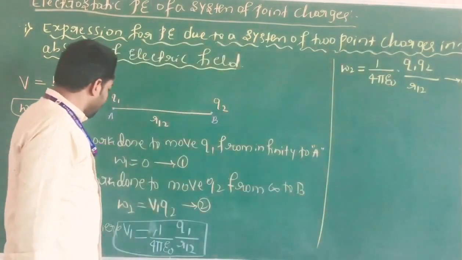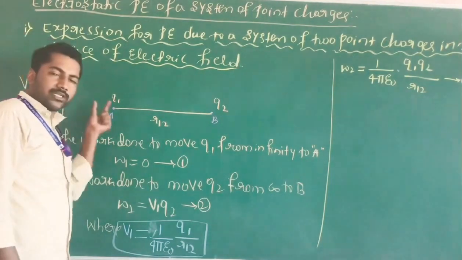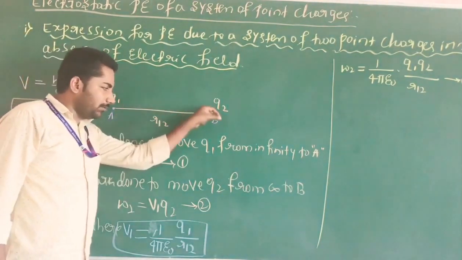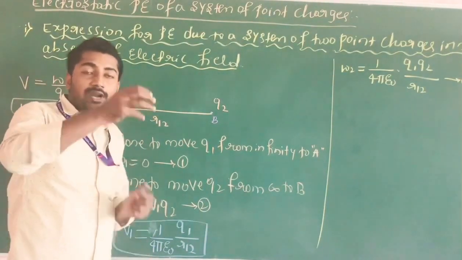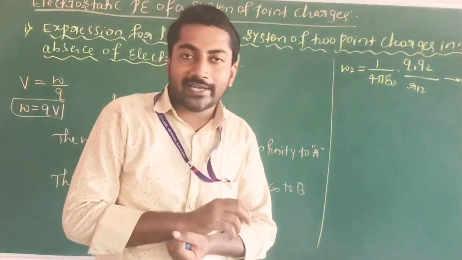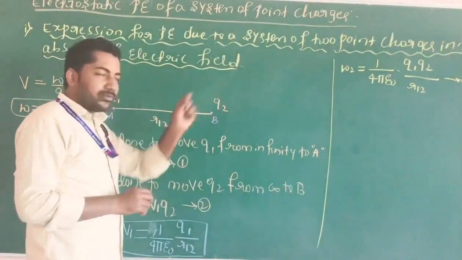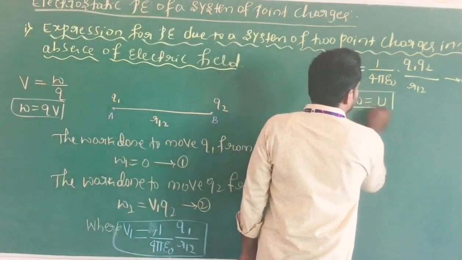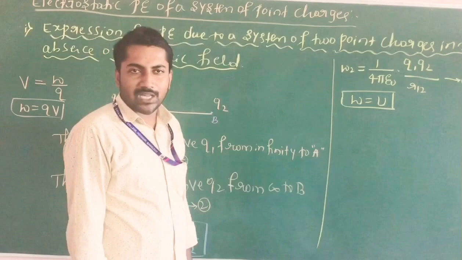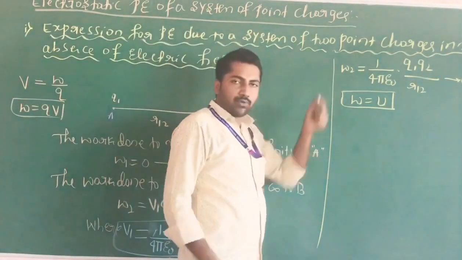Now we have the work done to move Q1 from infinity to point A and the work done to move Q2 from infinity to point B. This work done is stored as electric potential energy, or electrostatic potential energy. Now we get W1 and W2. We know that work done is equal to electrostatic potential energy U. Now, the expression for potential energy due to the system of 2 point charges.